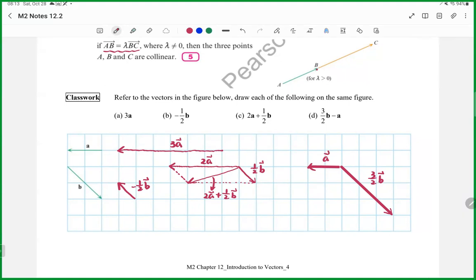So the answer is this: 3 over 2b minus a. Okay. Next page.